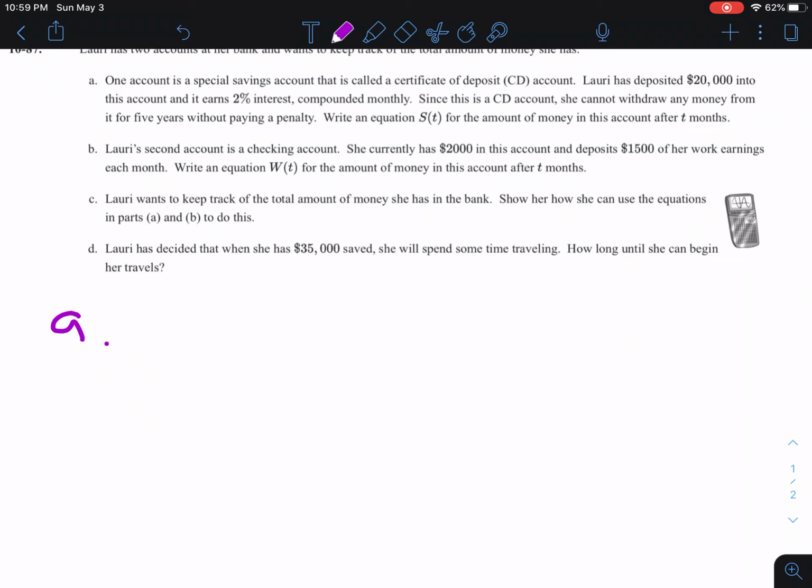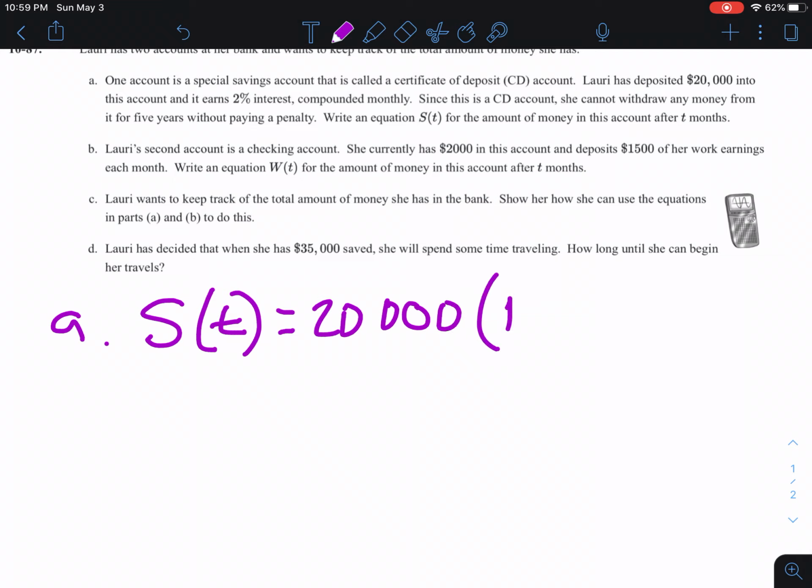We're going to start with, they wanted us to write it as S of t. So we're going to write S of t, and her initial deposit, her principal, was $20,000, so we're going to put that in there. Then we have the 1 plus, and we're going to have the time up here. Here's where it gets kind of weird because it's 2% compounded monthly.